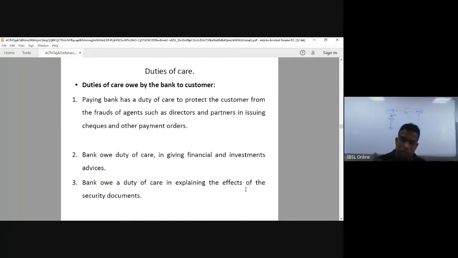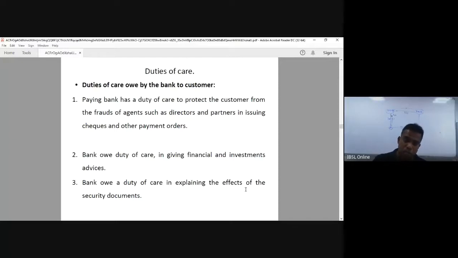So when you get a check like that, you have to be very careful, because it could be a fraud. If it is a fraud, remember that you have a duty to safeguard the rights of the account holder. Who is the account holder? The account holder is not the director. The account holder is the company.